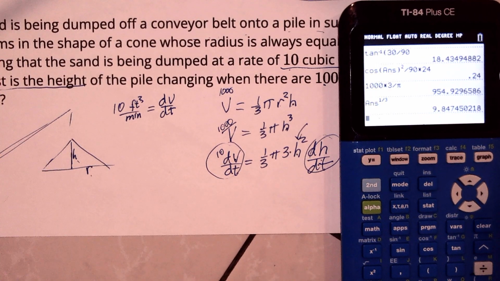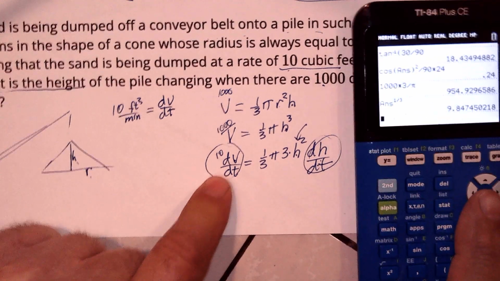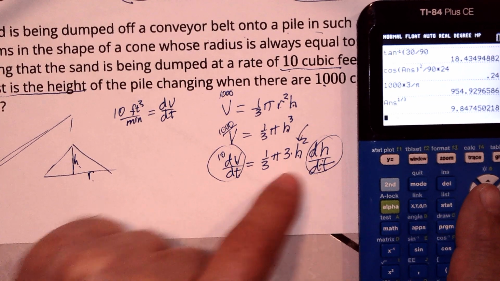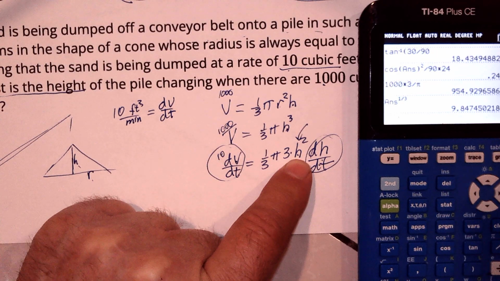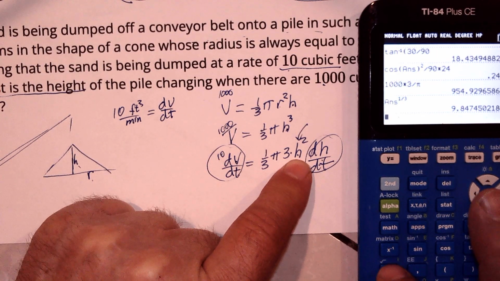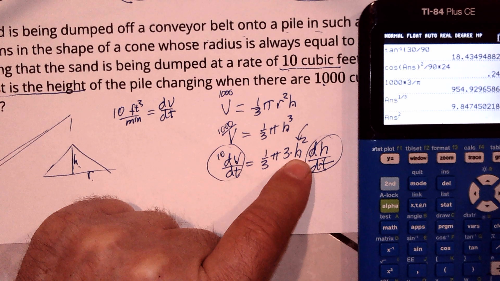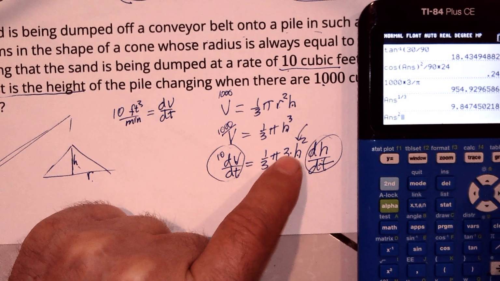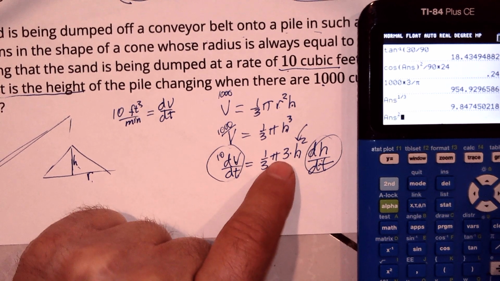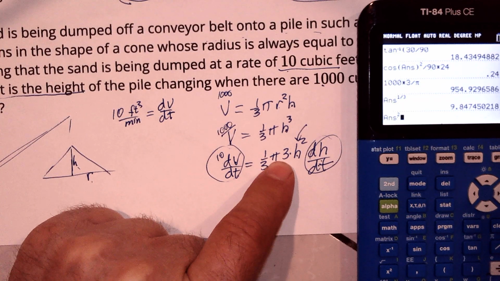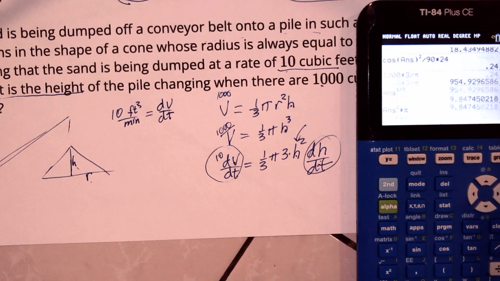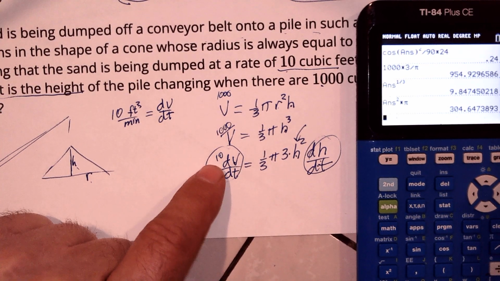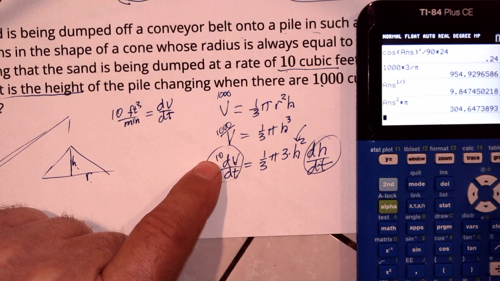9.847 feet. Now to figure out how this is changing, I've got to figure this number out, which means I've got to square the height. So I square this answer. The 3 and the 1/3 are going to cancel, so just take it times pi. And that's what this number will be. And I've got to divide that into 10.